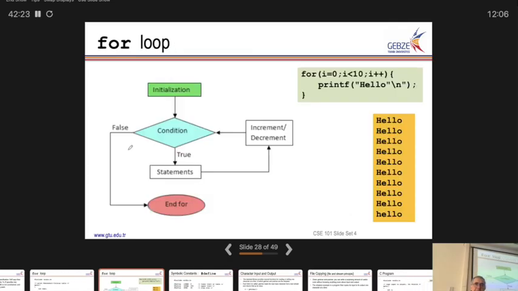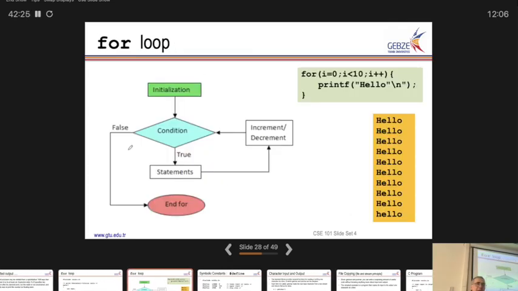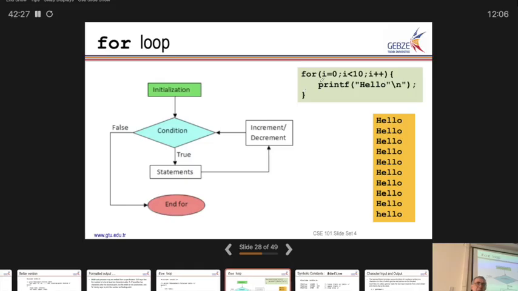Sometimes I use constants. For example, I is equal to 0. I can say number define 0, and then I can say I is equal to 0 by word.